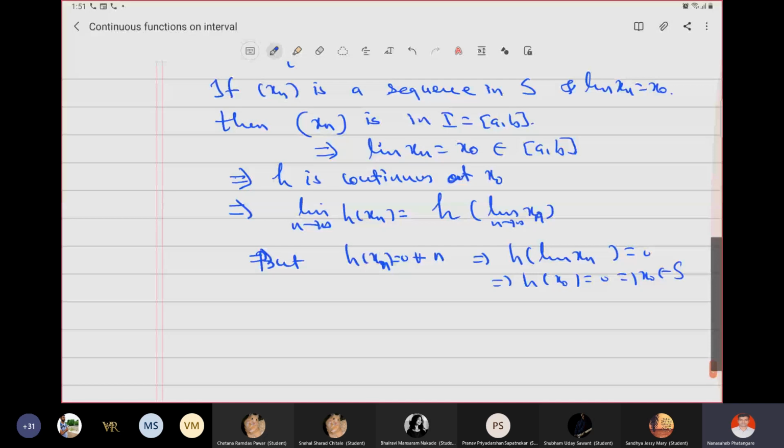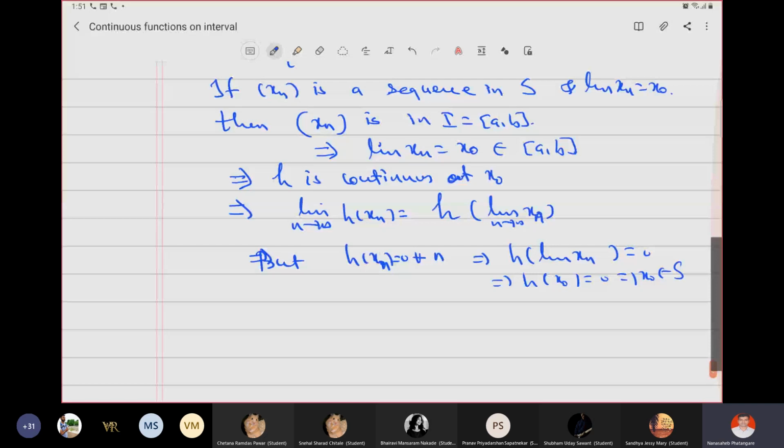Okay, so one more problem. So let f be a continuous function on 0 1, right? F is a continuous function on interval 0 1, and f of 0 is equal to f of 1.